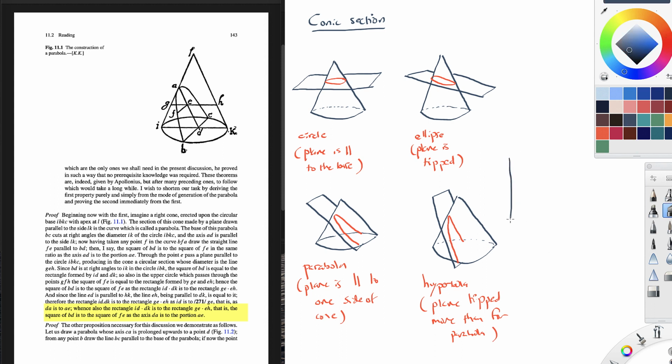In other words, he is going to try to show that the square of BD is to the square of FE, the ratio of the squares of those, in the same ratio as the line DA is to the line AE.